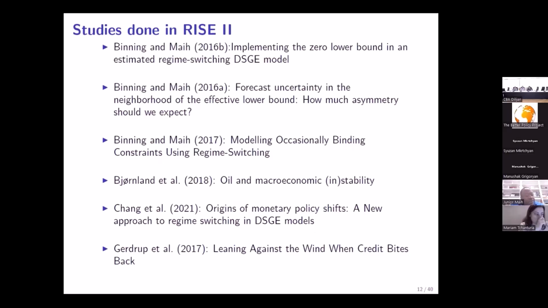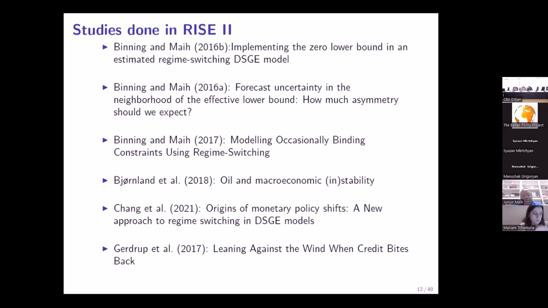This is a paper that I co-authored with Björn and Larsen. And that paper is very interesting in the sense that it kind of disentangles the source of macroeconomic instability rather than having all the instability lumped in one block.